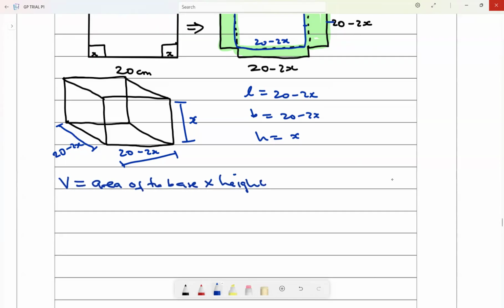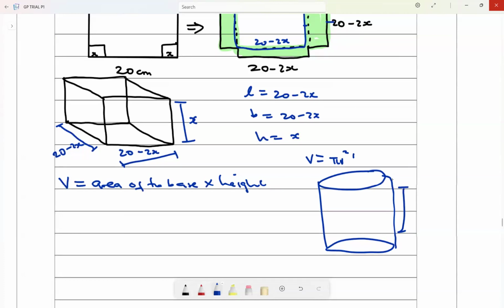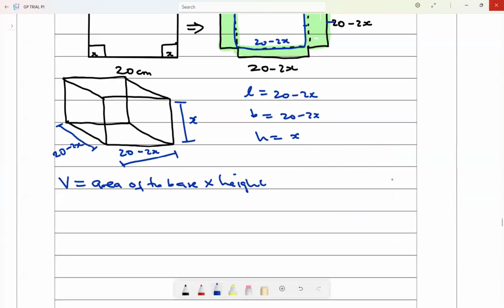For each and every shape that you have, if they want the volume, it will always be the area of the base multiplied by the height. Your base, it is a circle in this case. So a circle has an area of pi r squared, and then you multiply by your height here. In this case, we are not having a cylinder. We are having a what? This box. So the area of the box is going to be what?